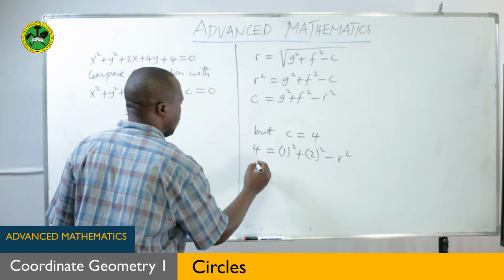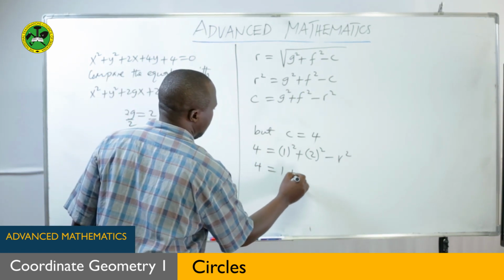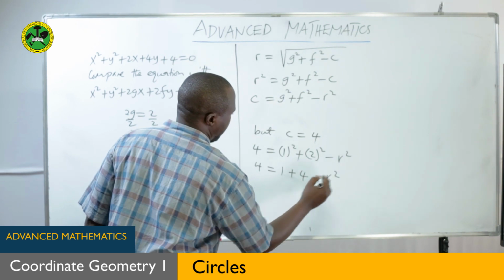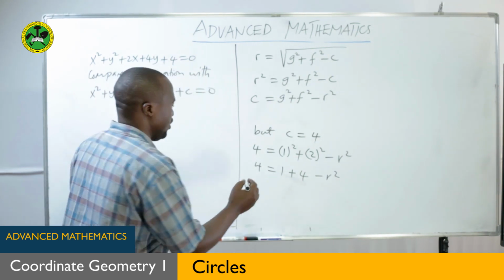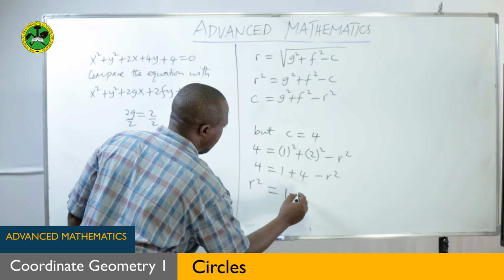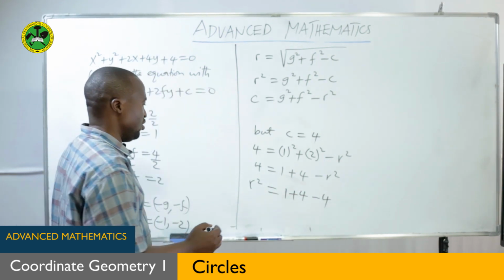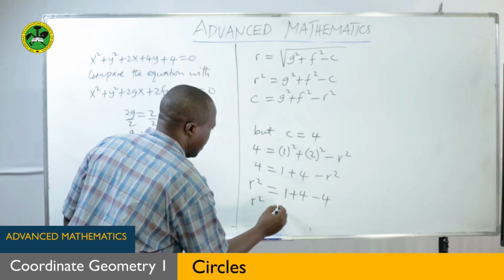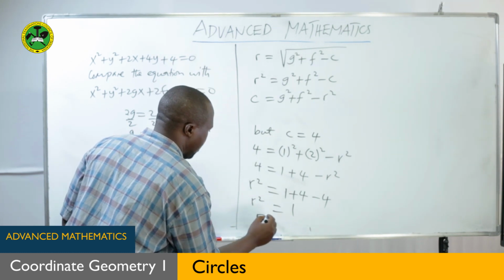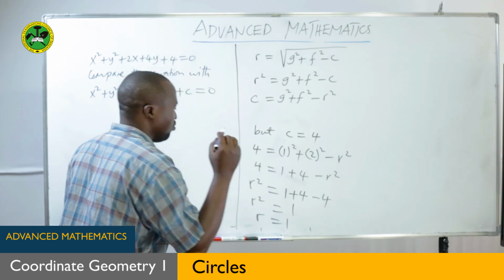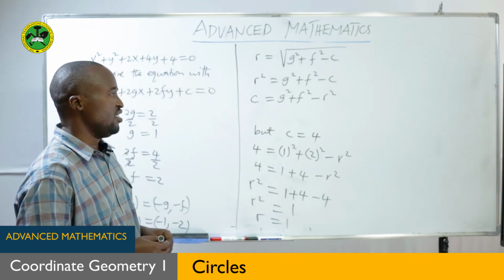So here we have 4 is equal to 1 plus 4 minus r squared, or r squared is equal to 1 plus 4 minus 4. So r squared is equal to 1. Therefore r equals positive 1.